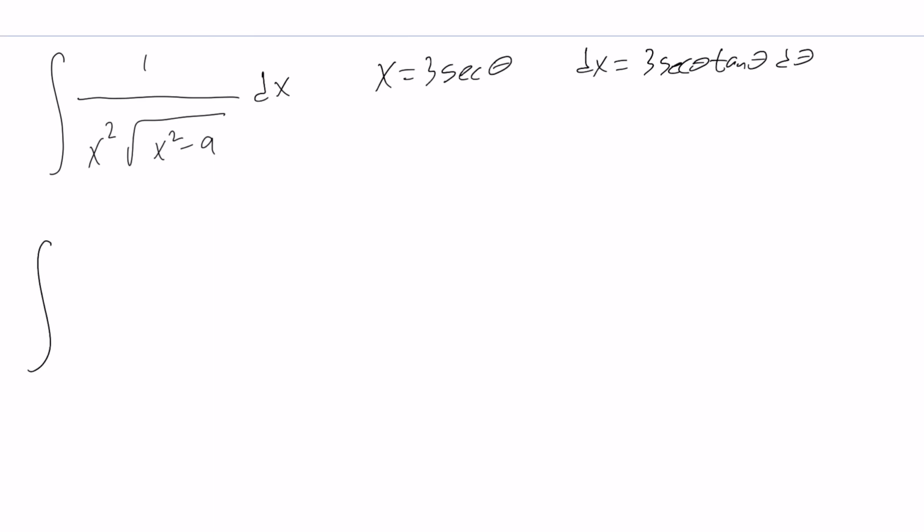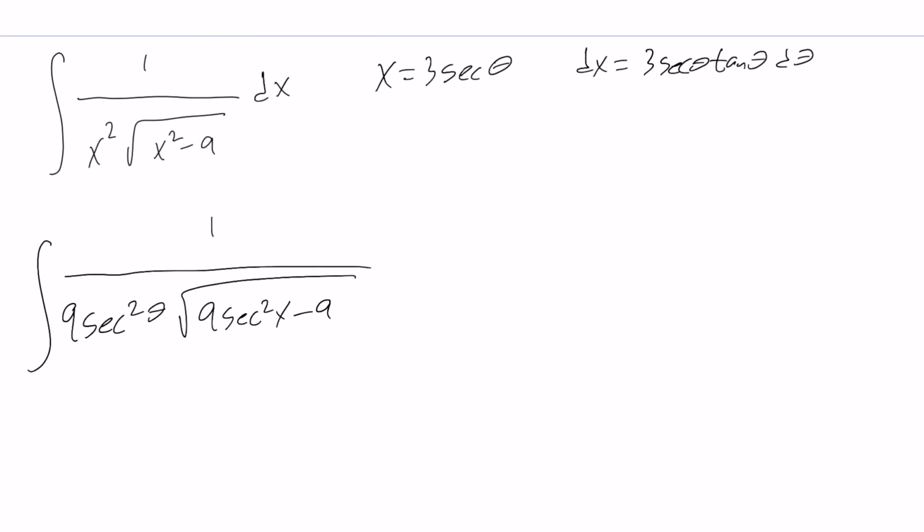Doing so, I get an integral of 1 over 9 secant squared theta, right? If I plug in 3 secant theta for x and square it, I get 9 secant squared theta, times the square root of 9 secant squared theta minus 9. So maybe rewrite the fraction like that, times 3 secant theta tangent theta d theta.